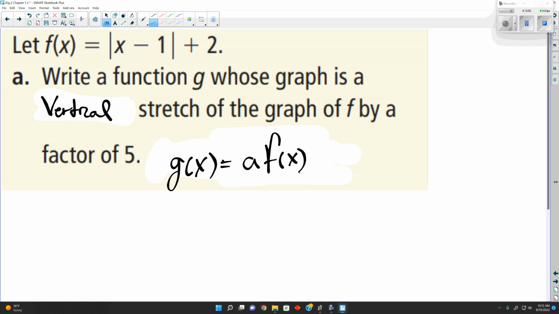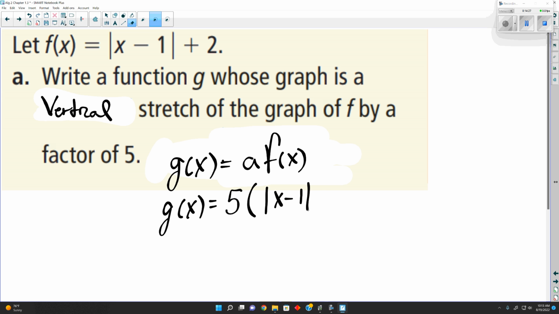So if we're looking at the general case for a vertical stretch, we're talking about a times f of x. And for this one, the value of a is, well, we can go on and put the function in. We know what f of x is, yes? For this here, it's going to be the absolute value of x minus 1 plus 2.